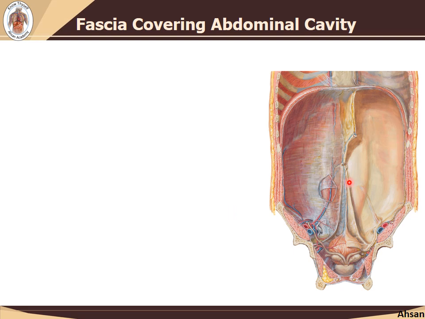Now, if you see from the abdominal cavity, this is the anterior wall, covered by peritoneum and fat. If you remove the peritoneum, we get the wall, and from inside the muscles are covered by a very tough, dense connective tissue sheet.